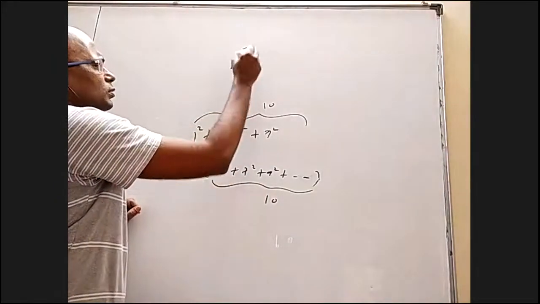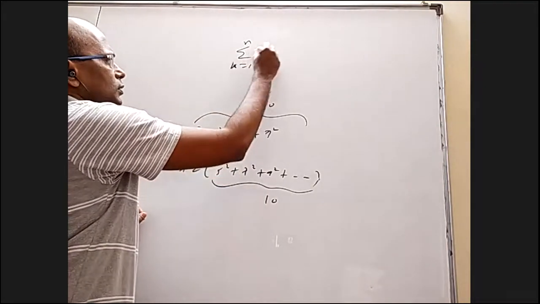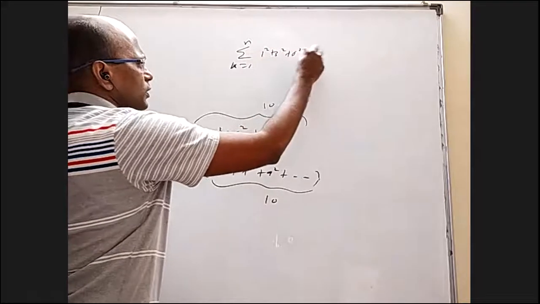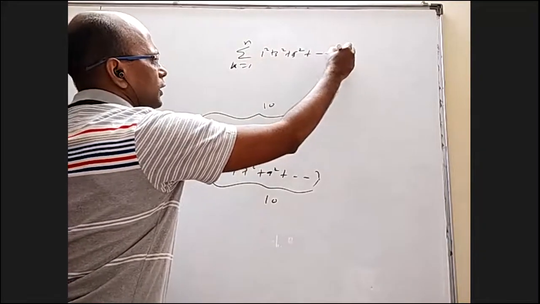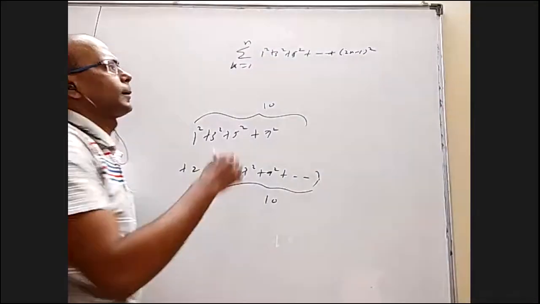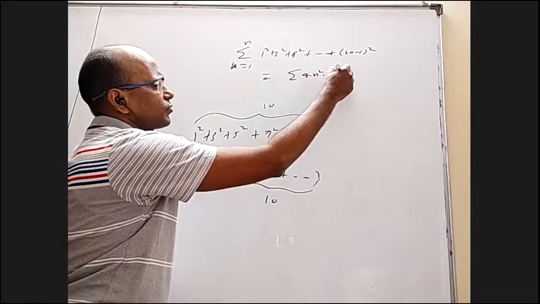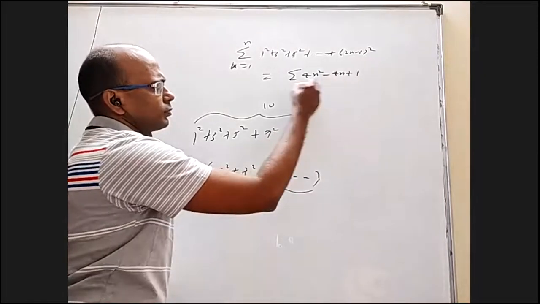Sigma k equal to 1 to n. Let us take 1 square plus 3 square plus 5 square, and the nth term will be 2n minus 1 whole square. That will be sigma 4n square minus 4n plus 1.